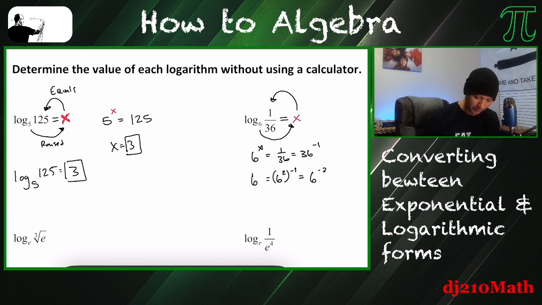So we have 6 to the x is equal to 6 to the negative 2. Now the bases match, so x is equal to negative 2. So the value is equal to negative 2.